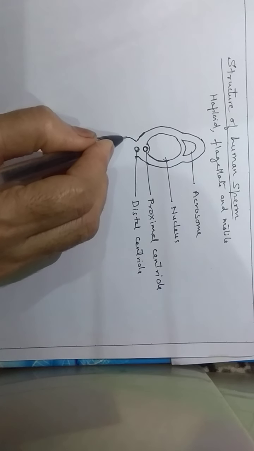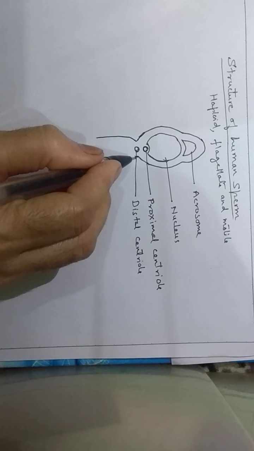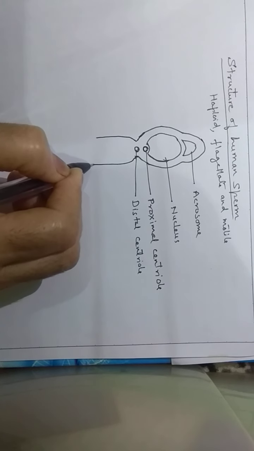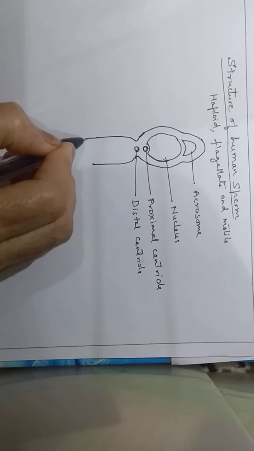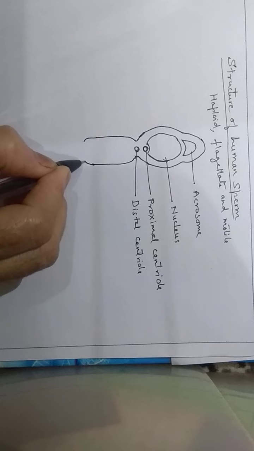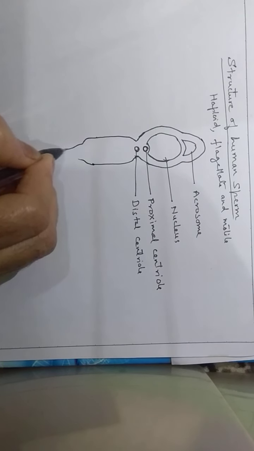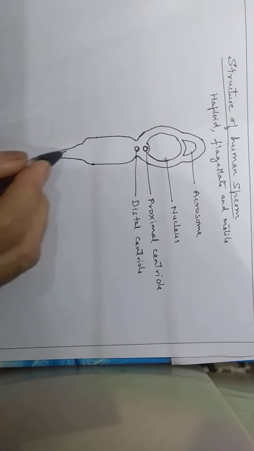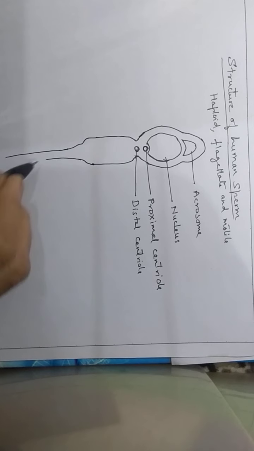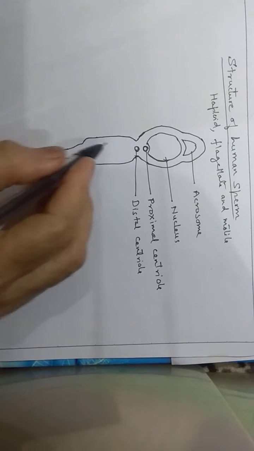And then there is the middle piece, and after the middle piece there is a gradually narrower part, and that is a long tail.